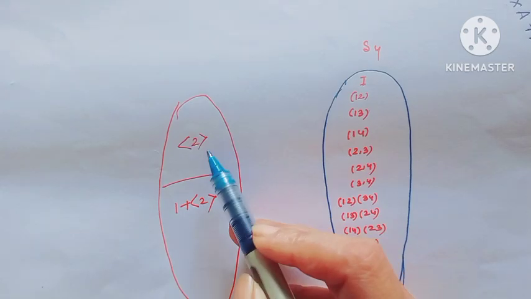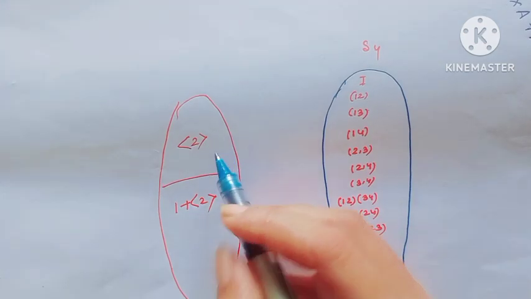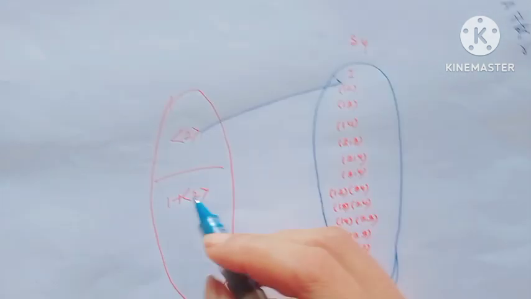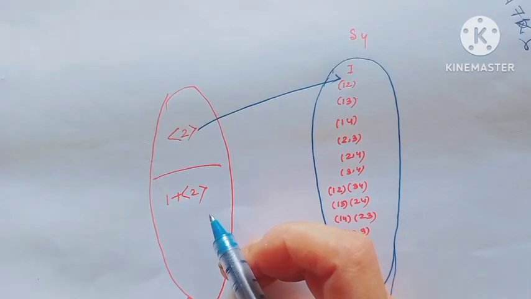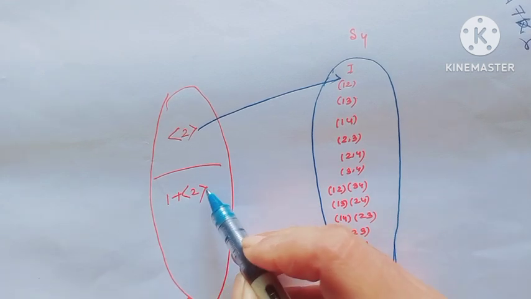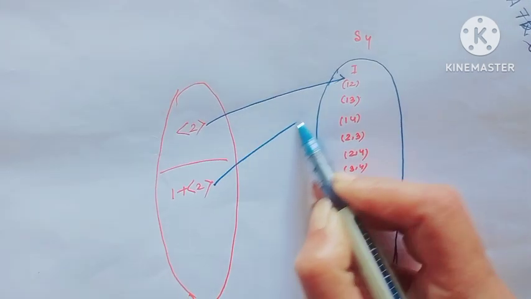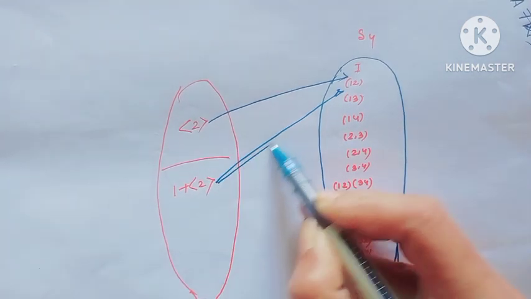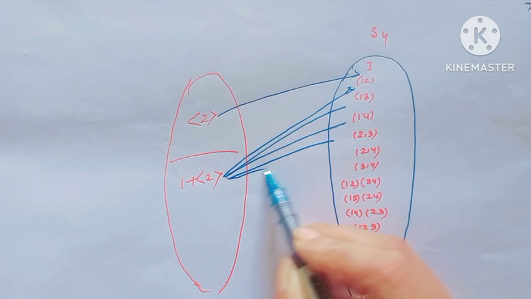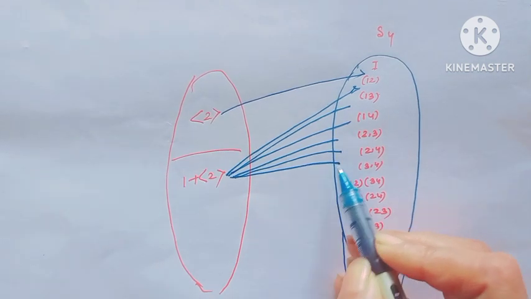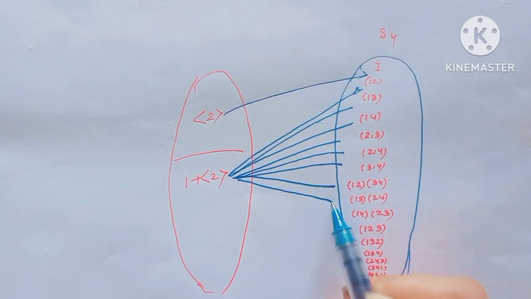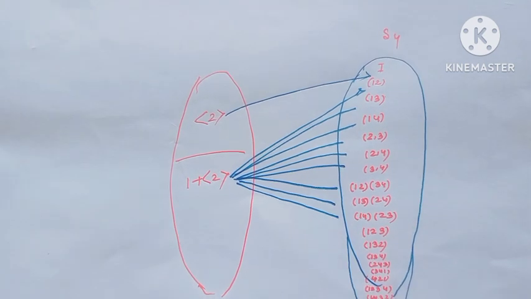This is the quotient group, the cyclic subgroup generated by 2, which is mapped to only the identity, and another 1 plus square root 1 plus the cyclic subgroup generated by 2. This can map to either 1 2 or 1 3 or 1 4 or 2 3 or 2 4 or 3 4 or 1 2 3 4 or 1 3 2 4 or 1 4 2 3.